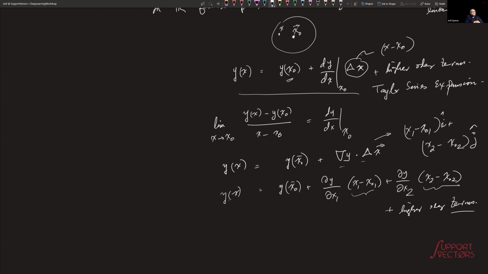Change along each of the features, the slope along each of the features, and add up the contribution from each of the features, where x1, x2 are your features in your model. Tell me, guys, if I need to repeat it, or is this clear? I'm just writing out basic math here. I can repeat it another way. Let me know if I should. Otherwise, I'll move ahead.